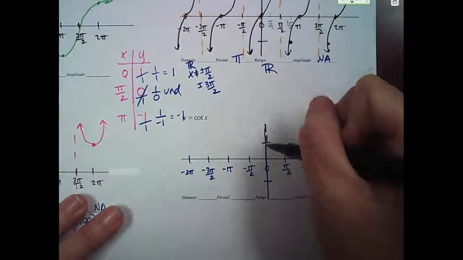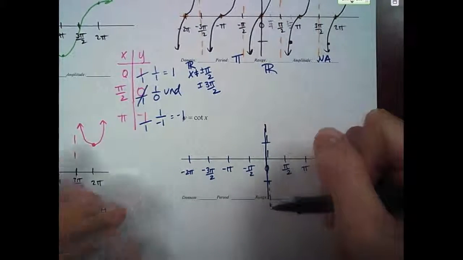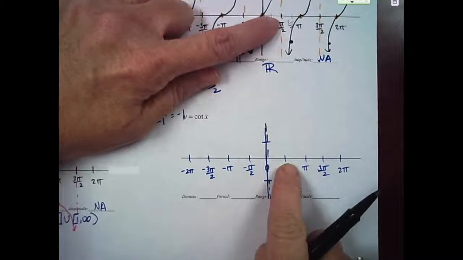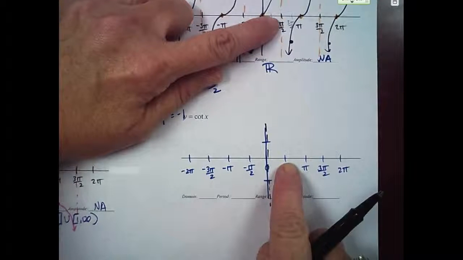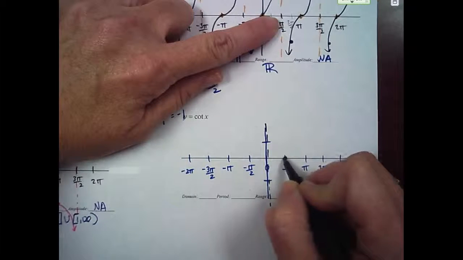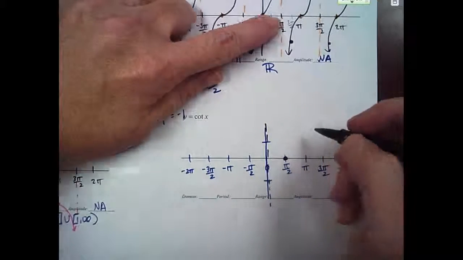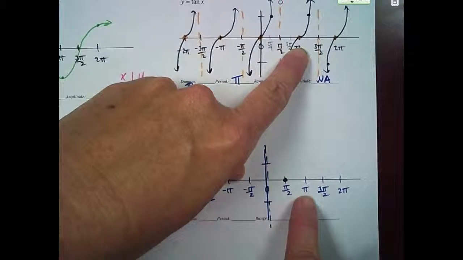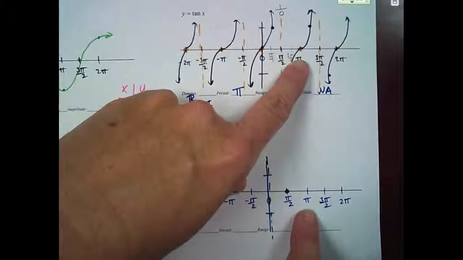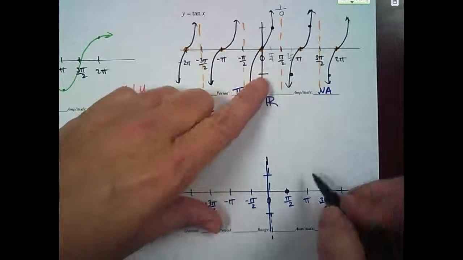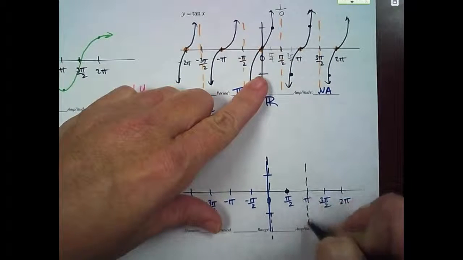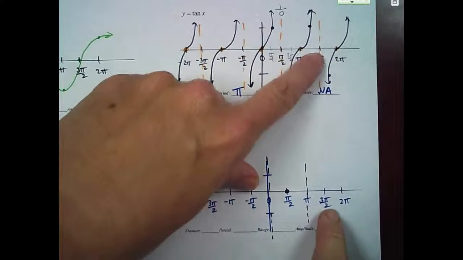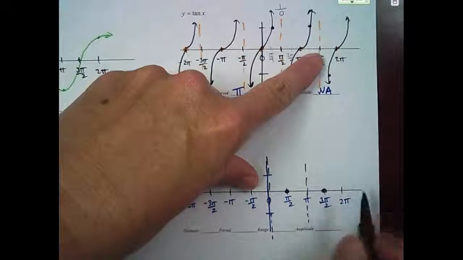So at 0, you're going to have a hash mark. At pi over 2, I was undefined. What's the reciprocal of undefined? You're not undefined anymore. You are now 0. At pi, I was 0. What do I become? Undefined. At 3 pi over 2, I was undefined, I become 0, and so forth.